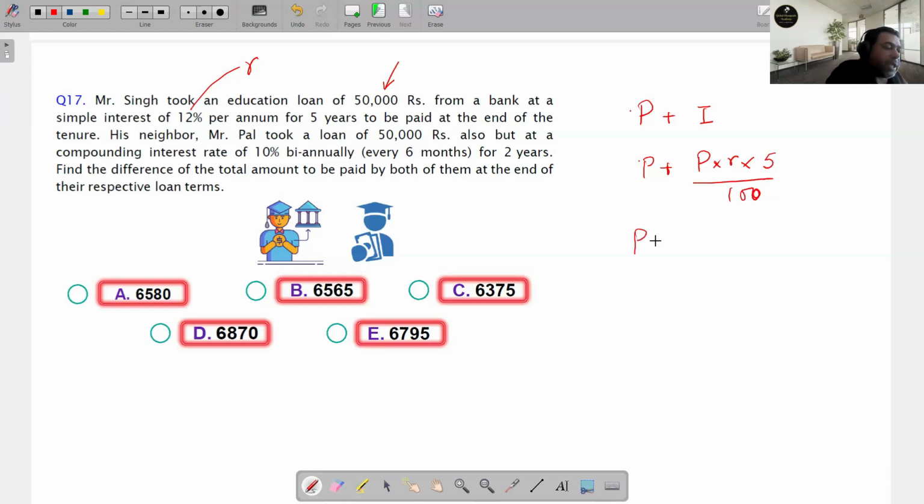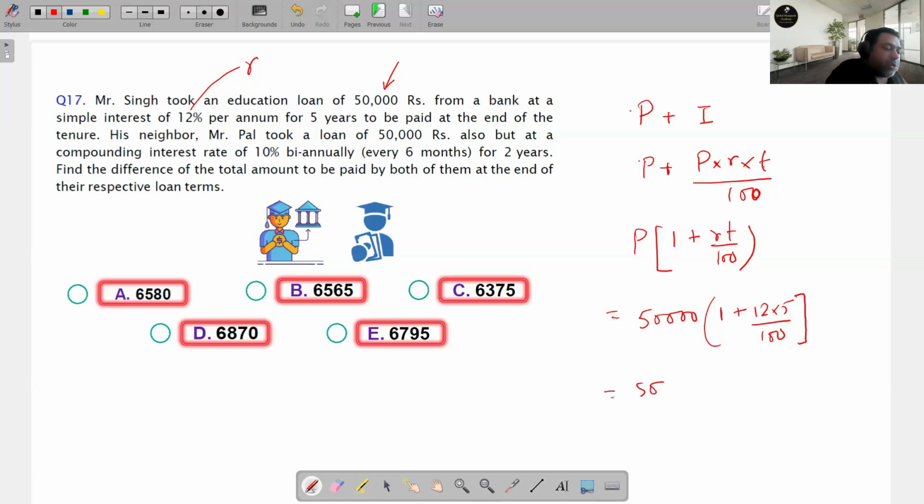Right, so I can take P as common. I can say 1 plus, let me put T also here, T, the time, 1 plus RT by 100. Right, and now let's plug in the values over here. It will be 50,000 multiplied by 1 plus 12 times 5 by 100.